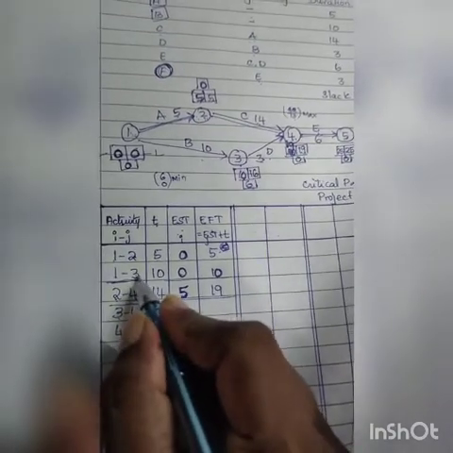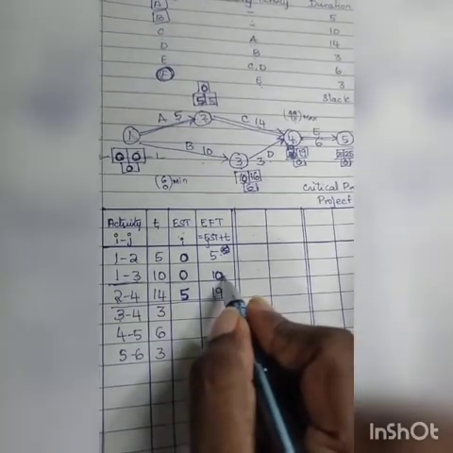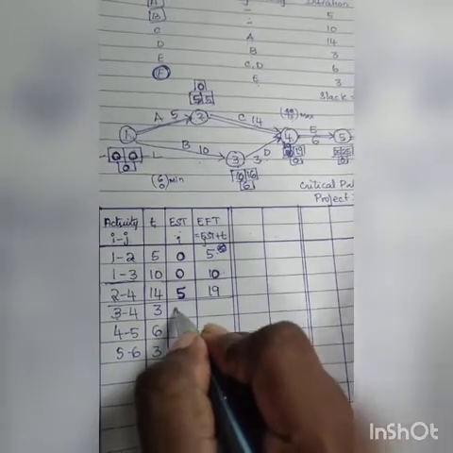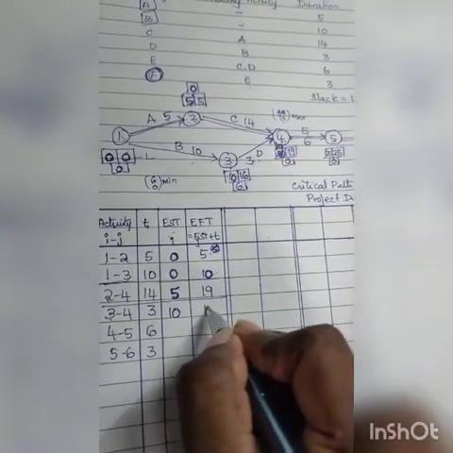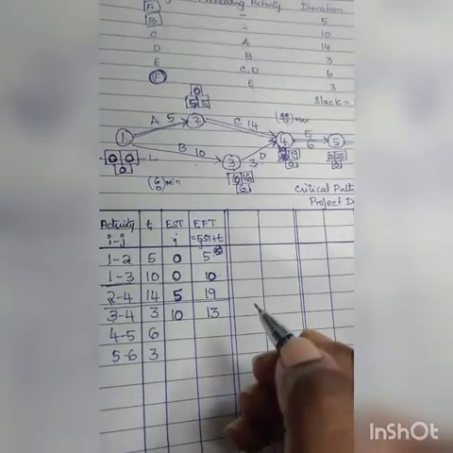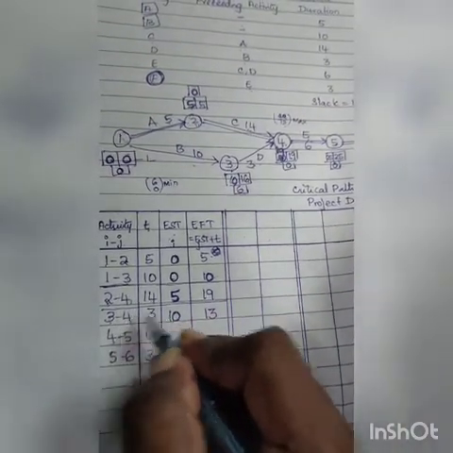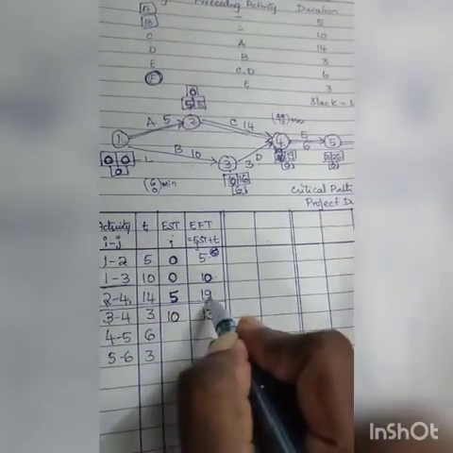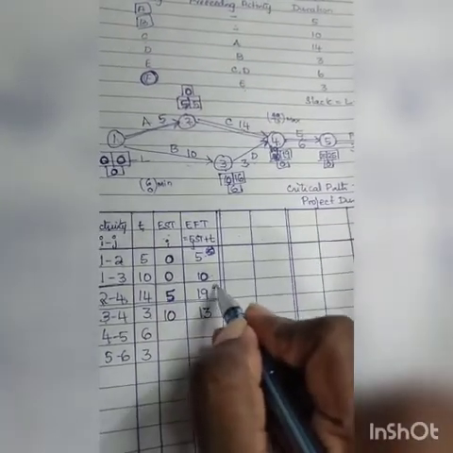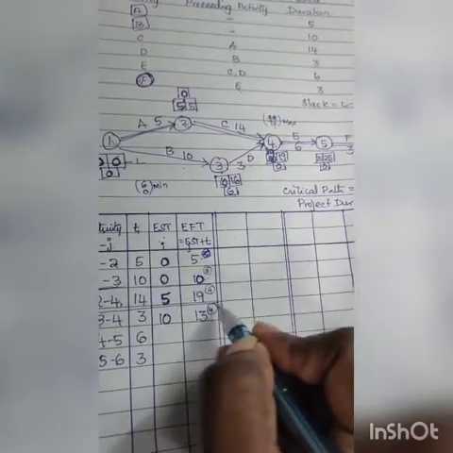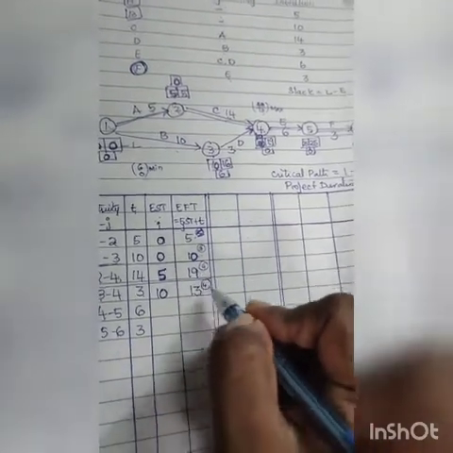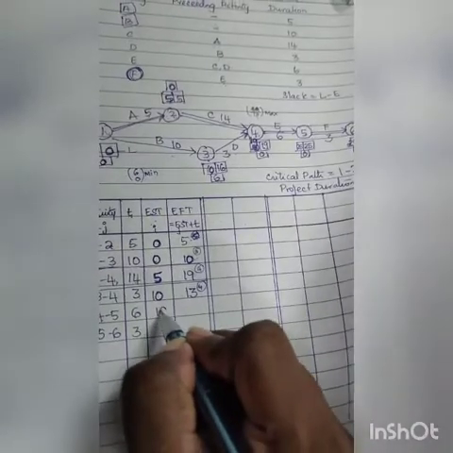The next one is 3. I have it here. The value is 10. So 10 plus 3, 13. Now the next one, 4. I have 2 corresponding values, 4 and 4. The maximum value is 19.